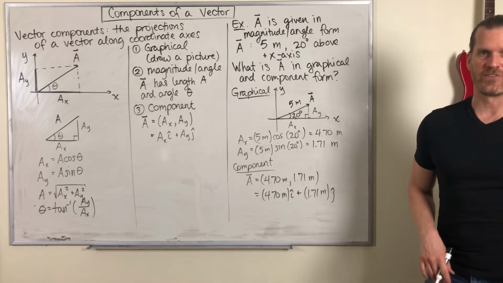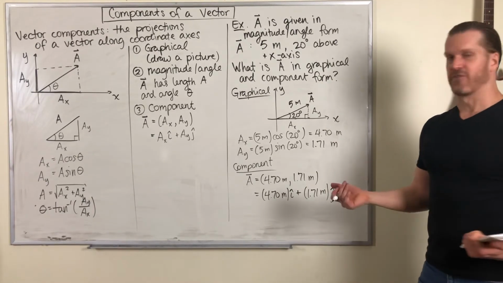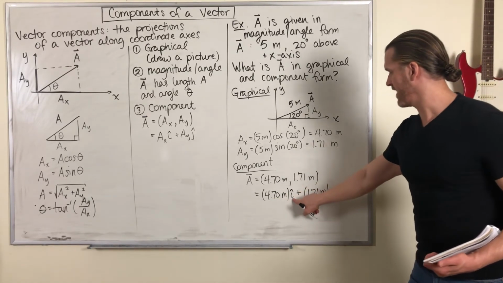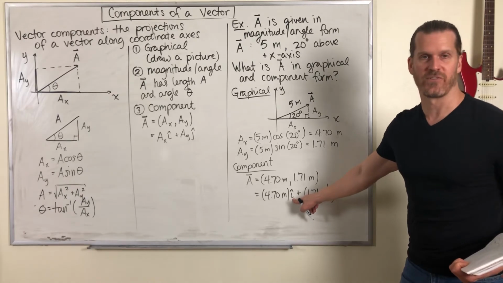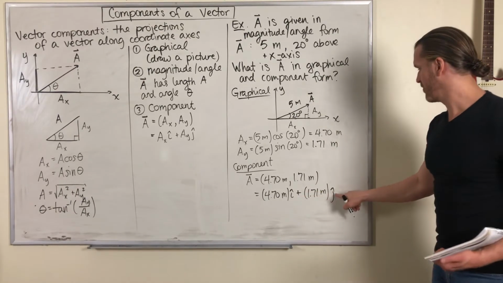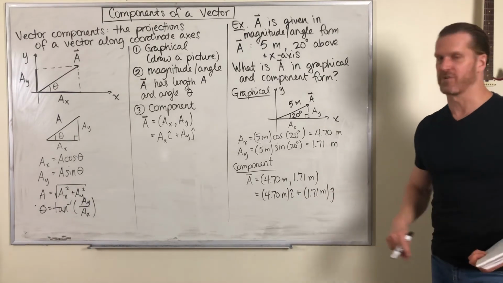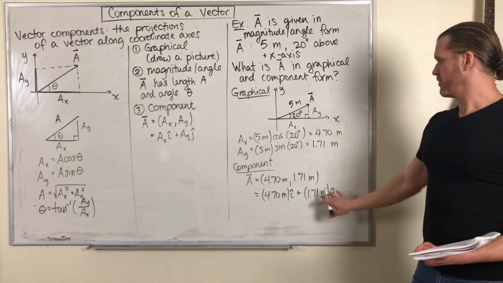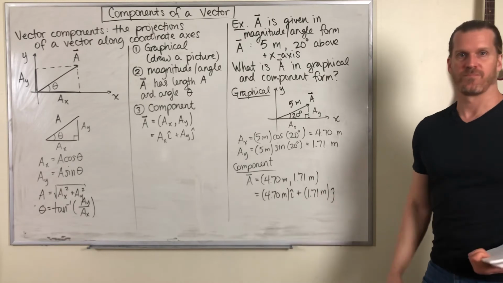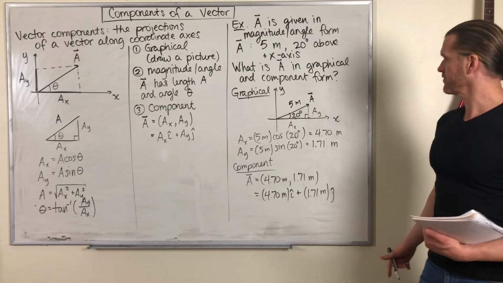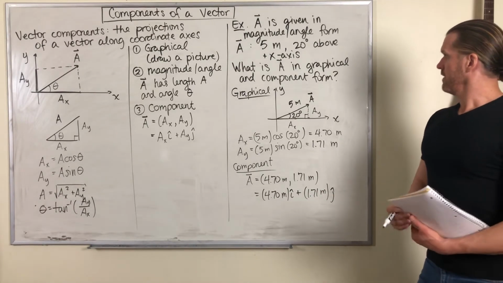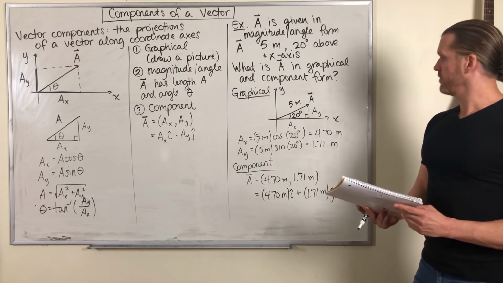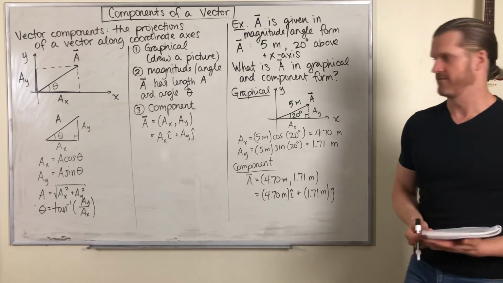I know that second notation looks weird. It's just another way of saying the component along the x direction is 4.7 meters long. The component along the y direction is 1.71 meters long. People use these two notations probably about equally. Okay, let me do some more examples.